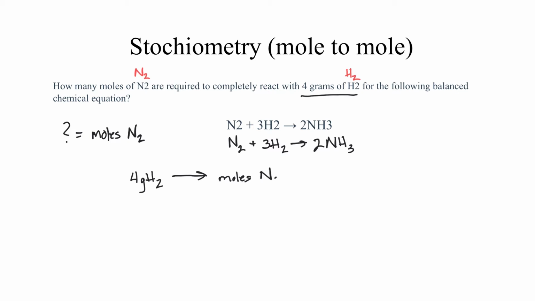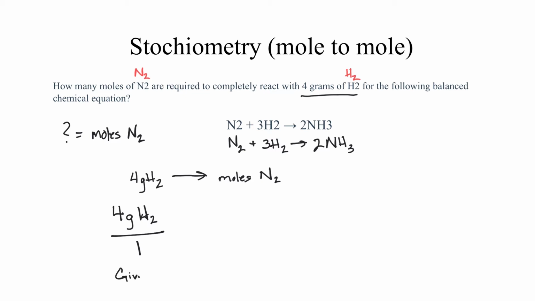of N2, right? And so, like I said, we're going to start with what we're given, and we're given 4 grams of H2. So we're going to put 4 grams of H2 over 1, okay? And this is our given.